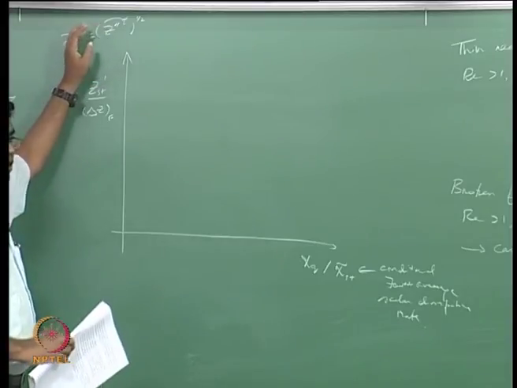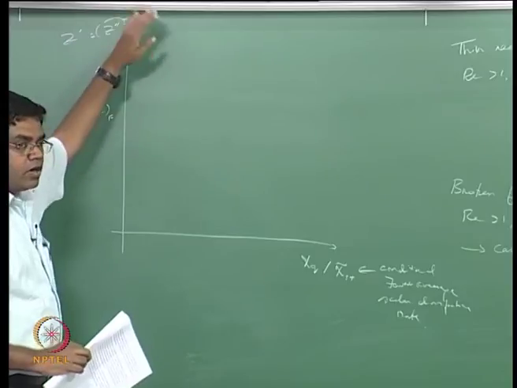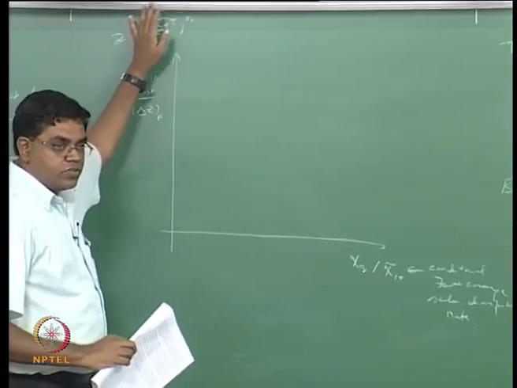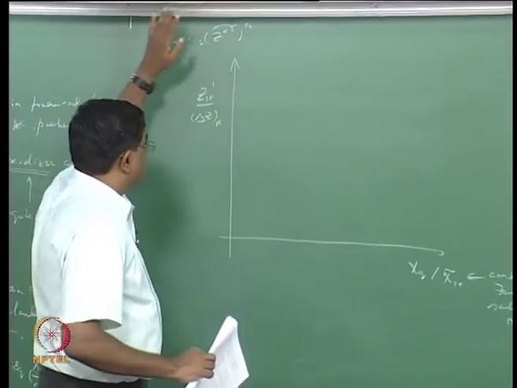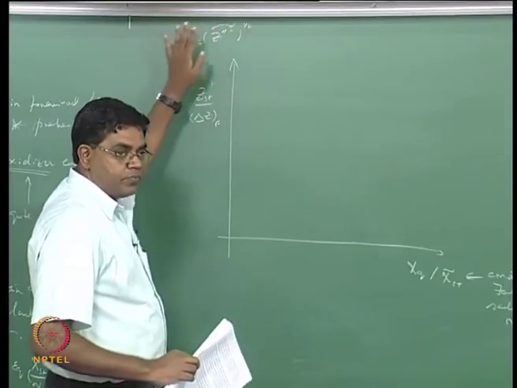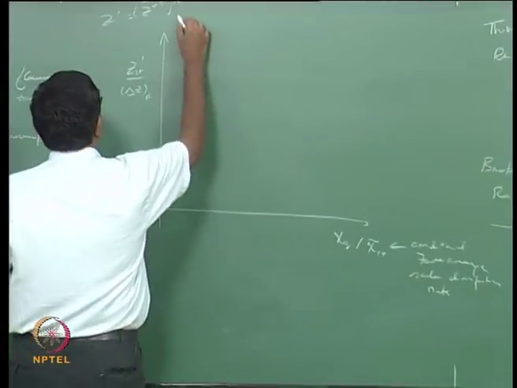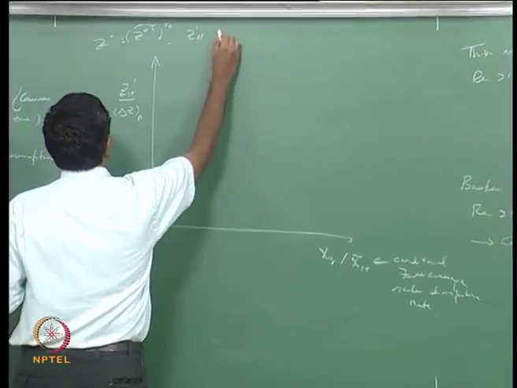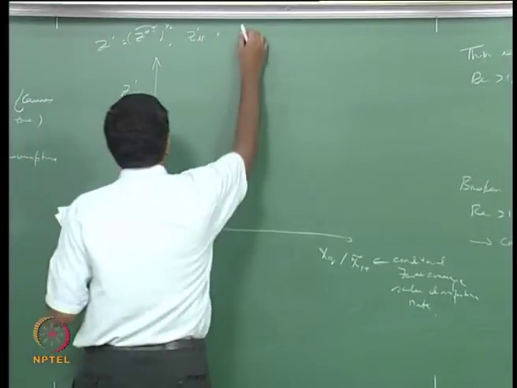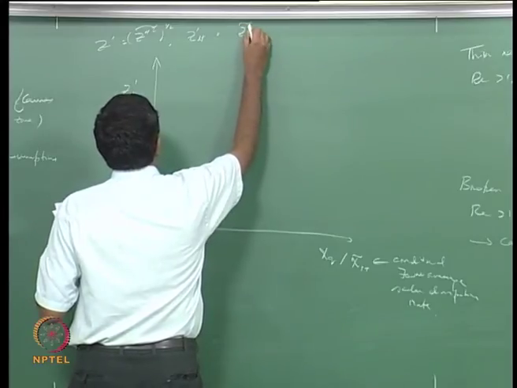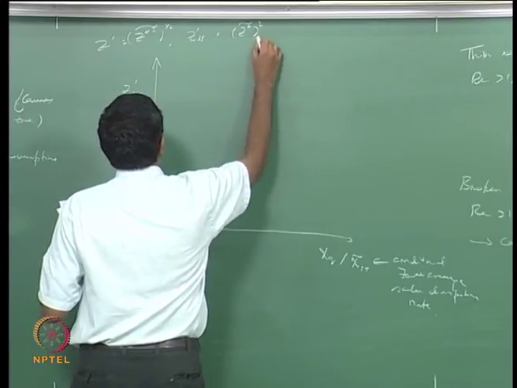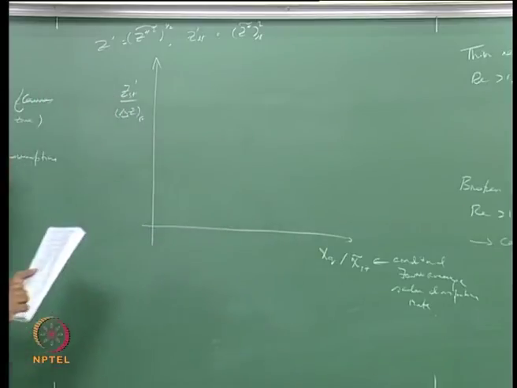So this is essentially a power RMS, a root mean square of the power averaged fluctuation. And similarly, when you now say Z prime st, what we really mean is the root mean square power averaged fluctuations obtained at the stoichiometric condition.